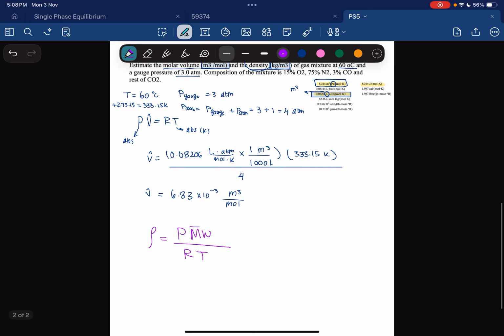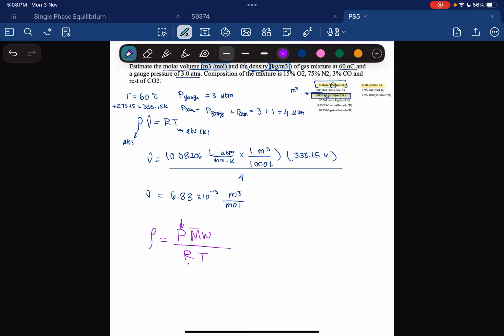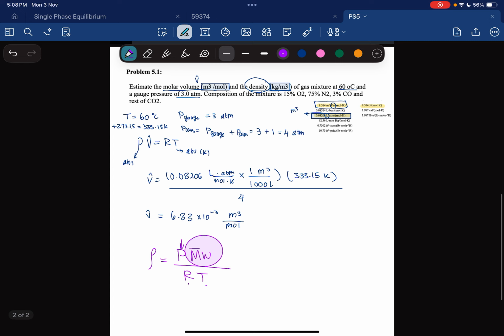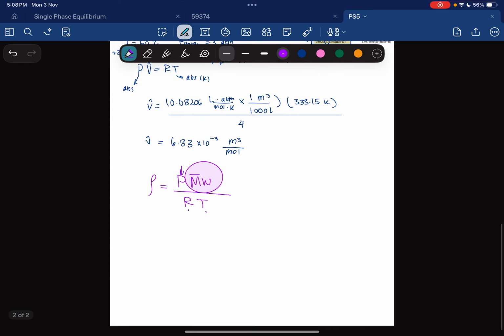Now we have P absolute, we have R, we have T, we need to find the average molecular weight. We will use the compositions, and as we learned, the average molecular weight is equal to the sum of the molar fractions of each component times the molecular weight of each component.